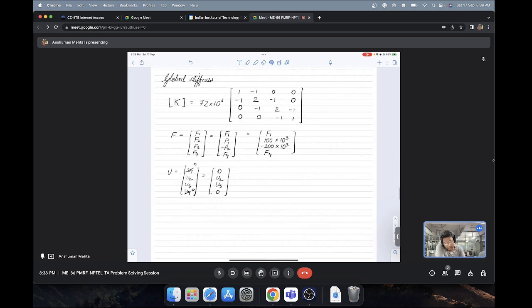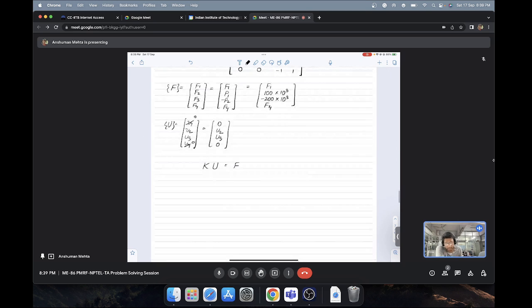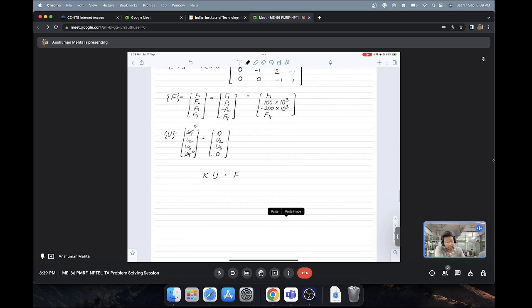So next what I will do is, so we have Ku is equal to F, and from this we will find the unknowns. So this is four equations and four variables.